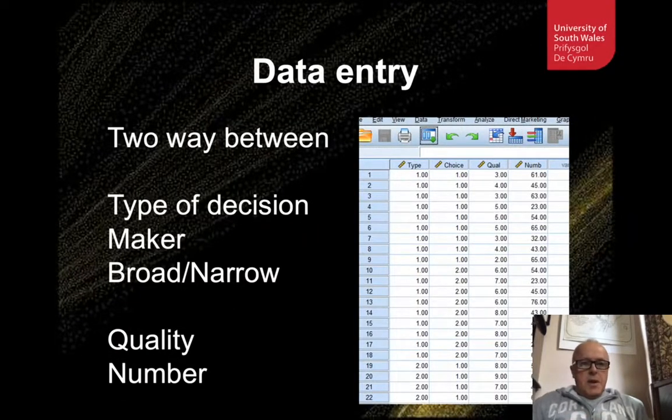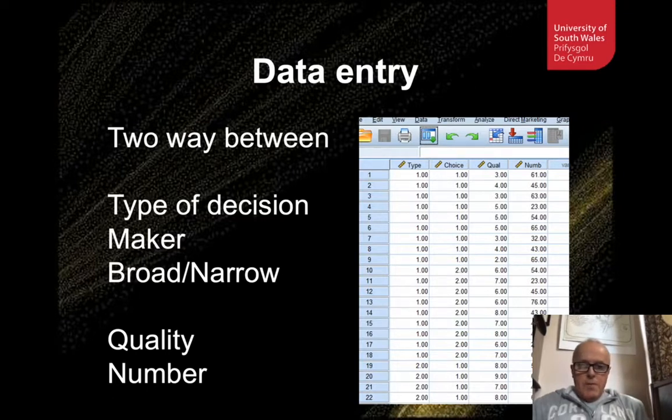Okay, so this is a two-way between participants design then. So we've got the type of decision maker, whether they be a maximizer or a satisficer, and within each of those types of decision maker, half were presented with a broad choice set and half with a narrow choice set. The researchers recorded 2 DVs, so it's a multivariate test, which is quality of choice and number of choices.